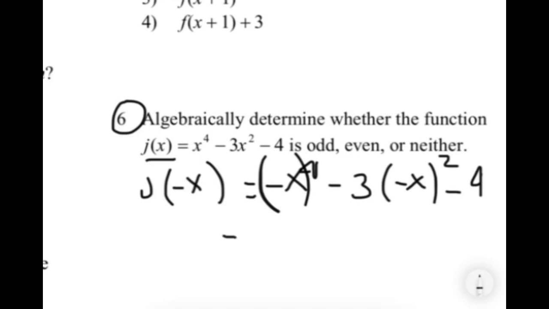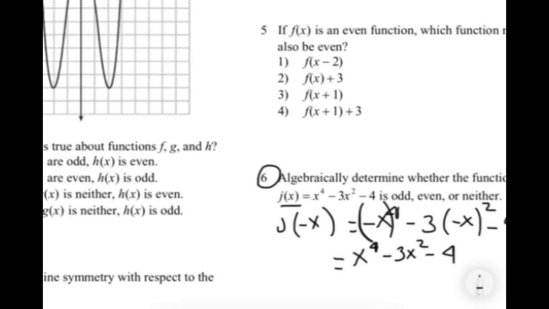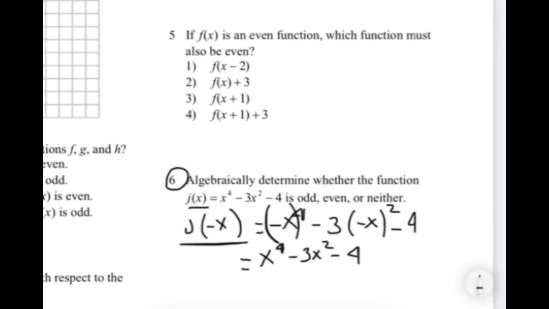So this equals x to the fourth over 4 minus 3x over 2 minus 4. So since j(x) is equal to j(negative x), j(x) is even.